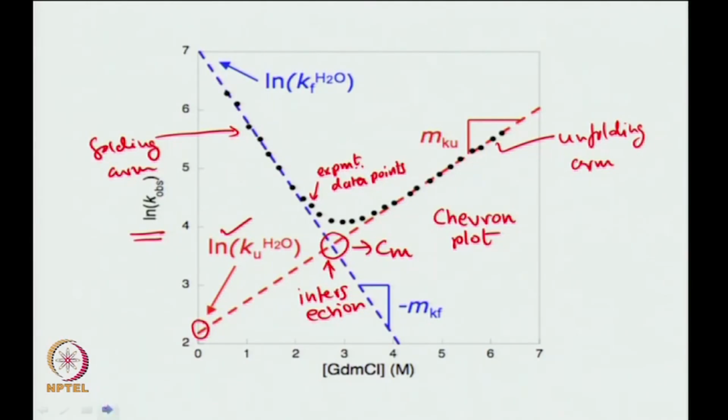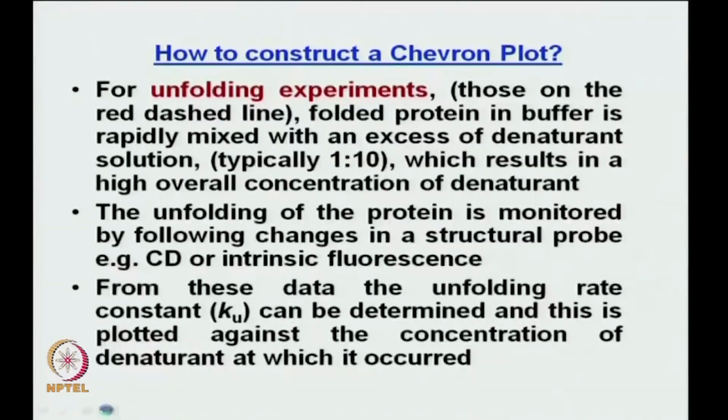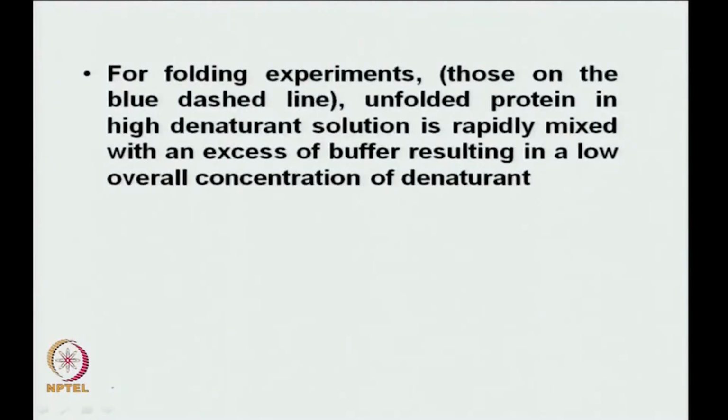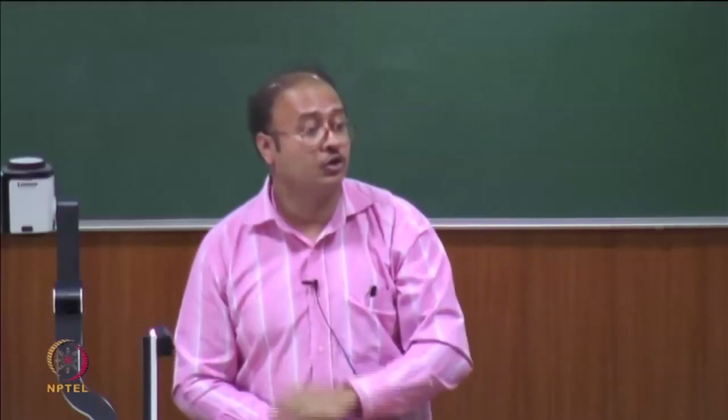So, in the folding arm what you would do is, for folding experiments, those to the left, that means the blue dashed line, unfolded protein in high denaturant solution, you are already unfolded, but you are looking at a folding experiment, it has to be rapidly mixed with buffer which is very low concentration denaturant, no denaturant, and then because it results in an overall low concentration of denaturant, the protein would start folding, and essentially that is what you are going to follow.